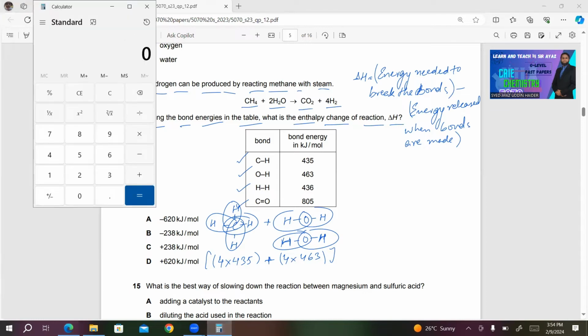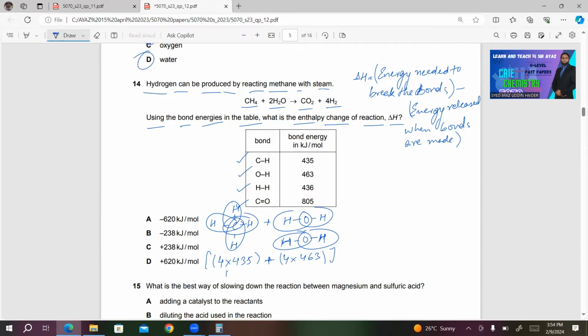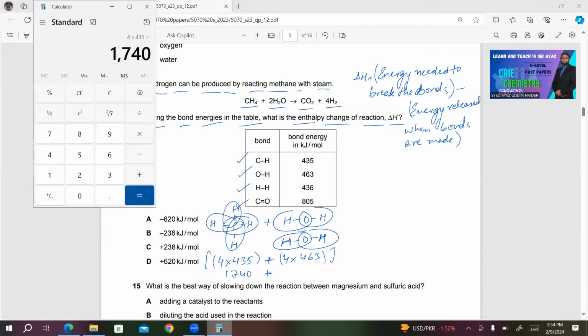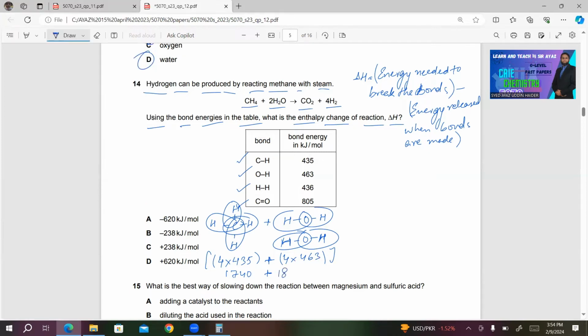So 4 multiplied by 435, we get 1740, plus 4 multiplied by 463, 1852.